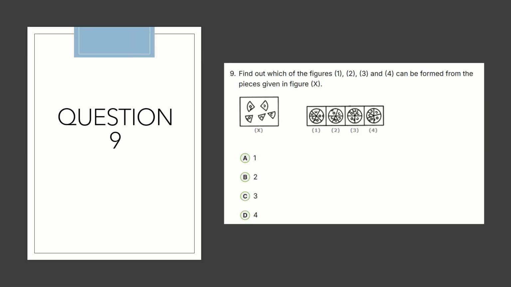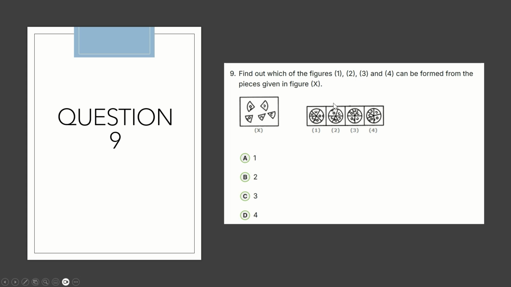Okay, and then moving on to question 9. We can start with this piece here. We can see that the shape inside is curved internally, or curved to the center.